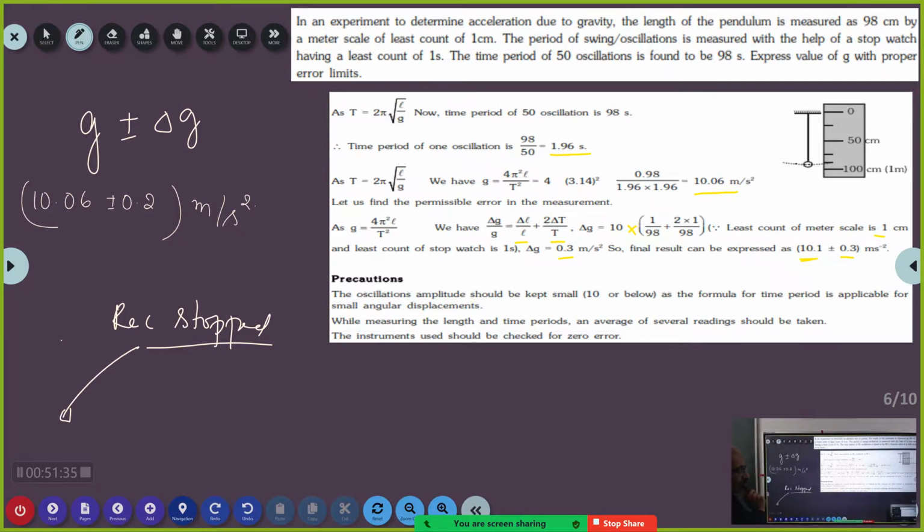How did you get 10.1? Why did you stop at 10.1? The least significant digits from the time period 1.96. The final should be in the least one.